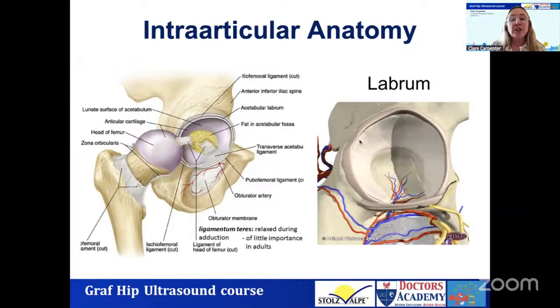Inferiorly, you see the transverse acetabular ligament, which can sometimes be demonstrated as an intense echo. So again, knowing the anatomy is essential to then reviewing your ultrasound.